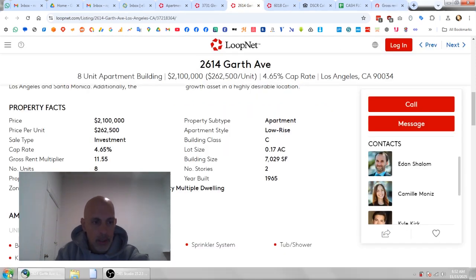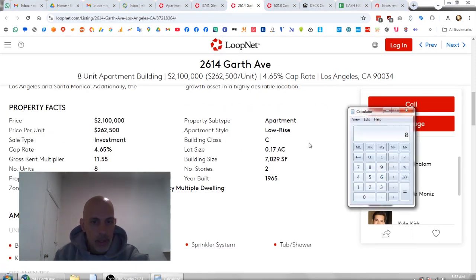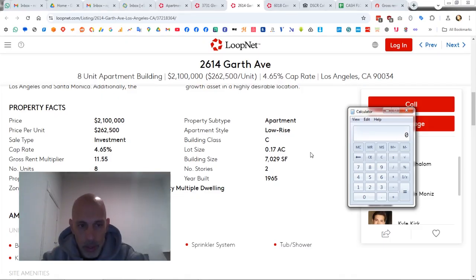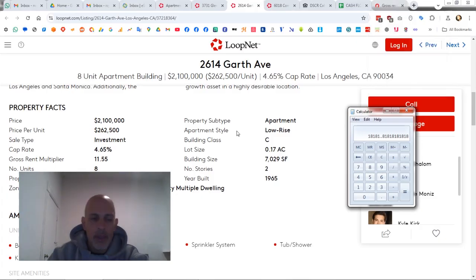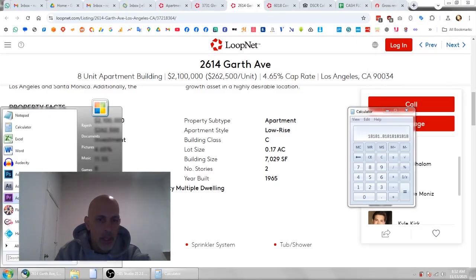So let's see here. To get the reverse of that, let's see what it would take to divide by 11.55. So that means, what, 18,000? No, that doesn't make sense. Let's see what that would look like.